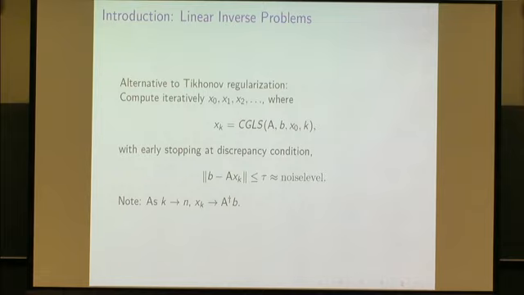So you start iterating, and you follow how your solution is doing while you iterate, and you stop at K where you satisfy the discrepancy condition that your B minus AK is more or less about the size of the noise level. So you stop your iterations there.